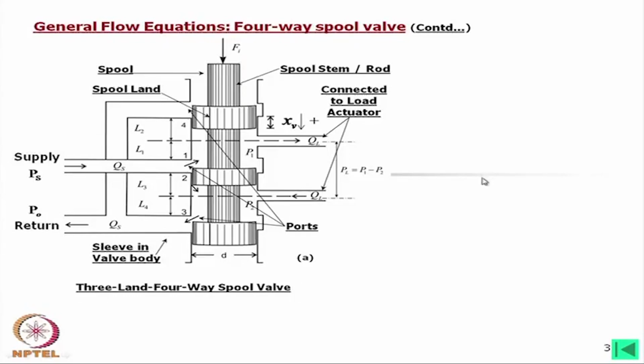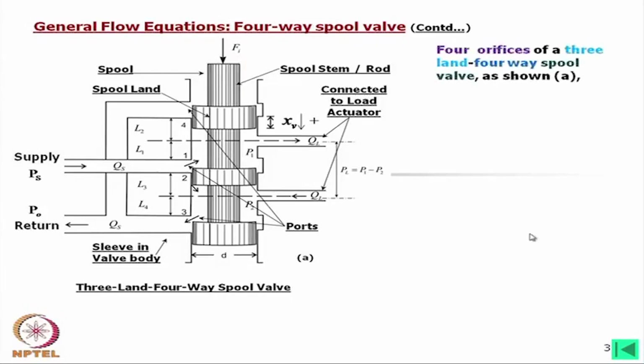So, so much pressure drop is there, so much power loss is there, but there is no other way. We have to accept that for the performance, accurate control of the load motion.